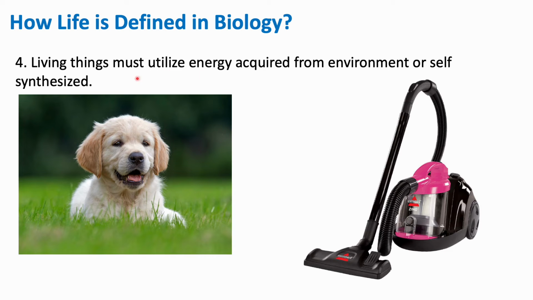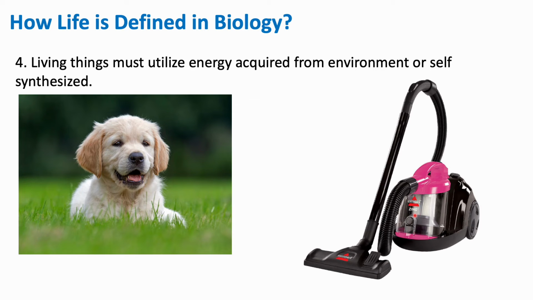What about living things must utilize energy acquired from the environment, or they self-synthesize the energy? When we talk about self-synthesizing energy, that can be plants, remember? But when we talk about utilizing energy from the environment, that could be consuming food, right? Well, a dog does consume food, and it uses the energy within that food, right? What about a vacuum?